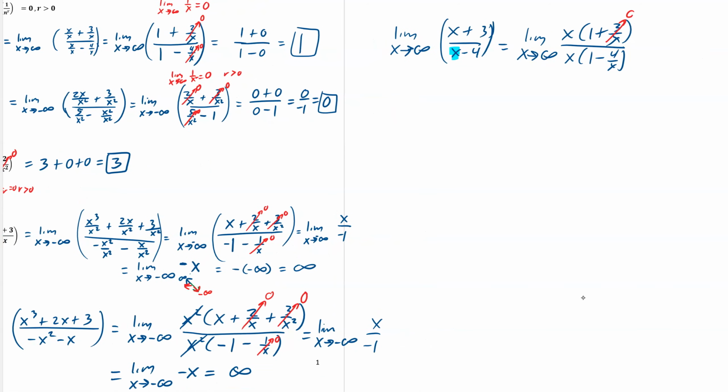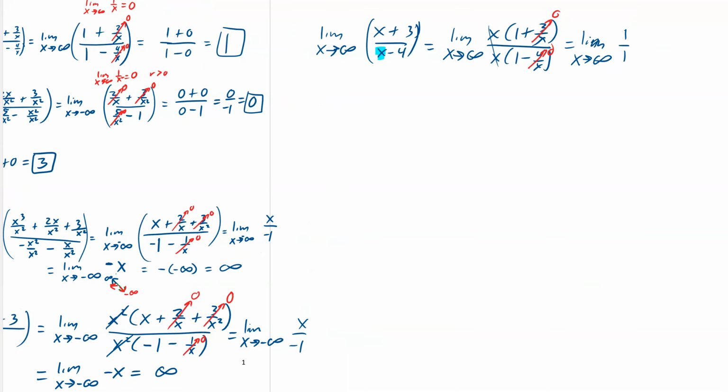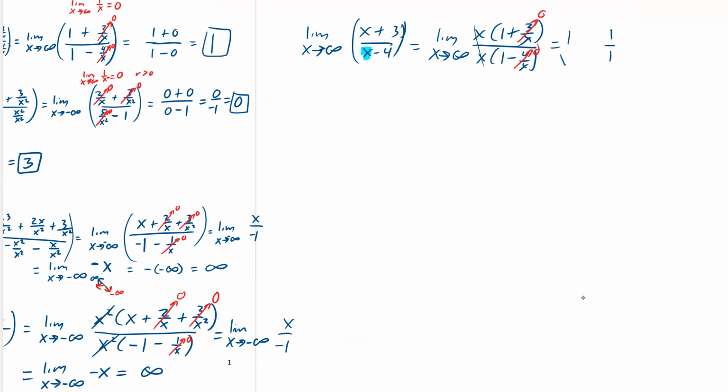And again, that goes to 0, that goes to 0. So we end up with those canceling. The limit as x approaches infinity of 1 over 1, right? And that's just 1. So we don't have to even write limit anymore. It's 1.